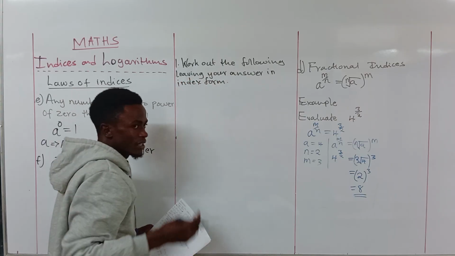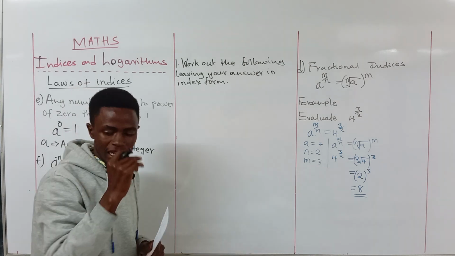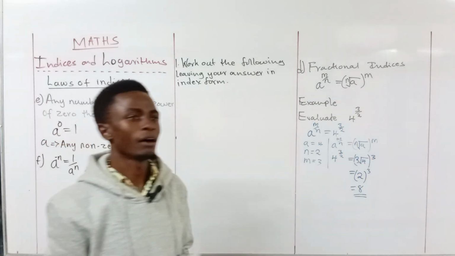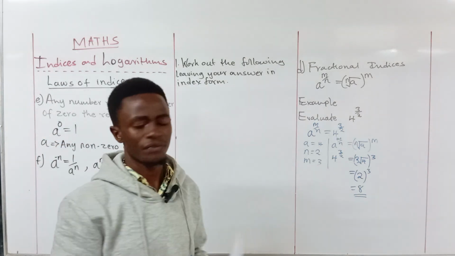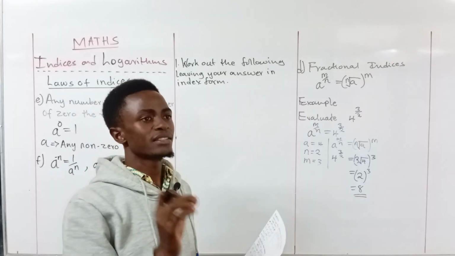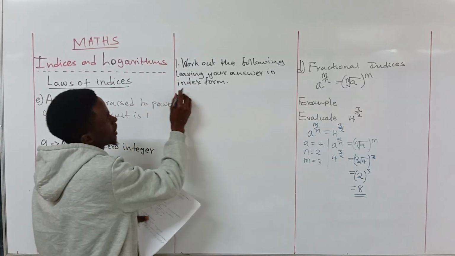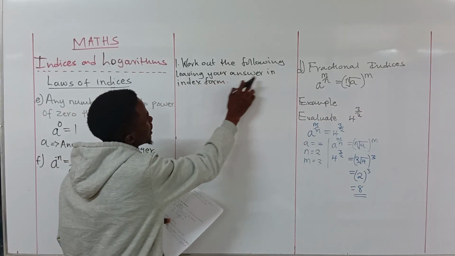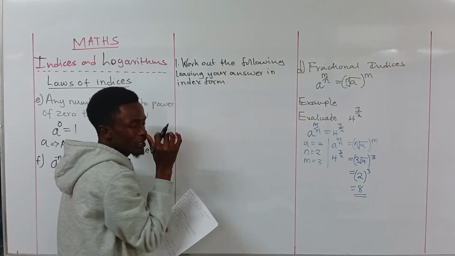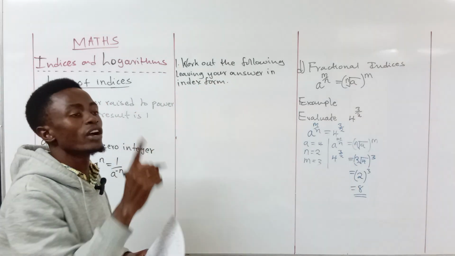Now, with mathematics, there is what you call accuracy. And the accuracy comes whereby you are about to give the final answer. There is a key statement in the question. Like now, we have leaving your answer in index form. So it means that you have no other option.